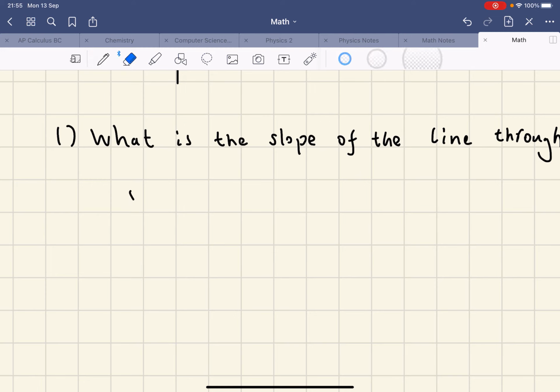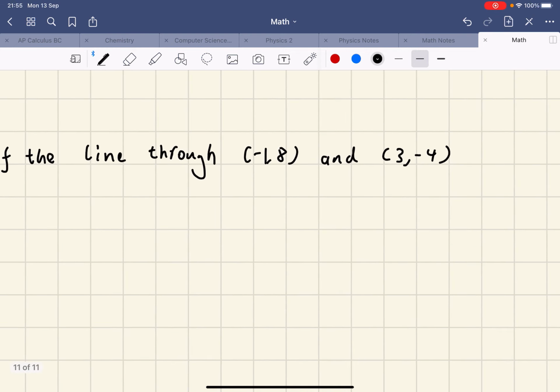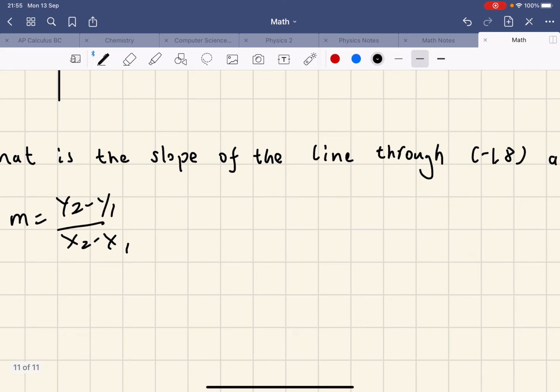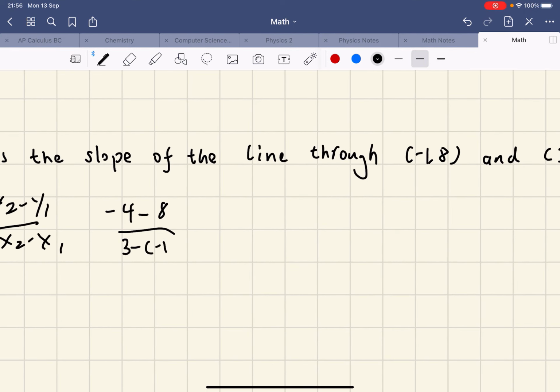Here you just use the definition of the slope, y2 minus y1 over x2 minus x1, and you plug the values in. It doesn't matter which point you take as y2 or y1. So let's take (3, -4) as the second point. That'll be negative 4 minus 8 over 3 minus negative 1. That is negative 12 over 4. So the slope is negative 3.